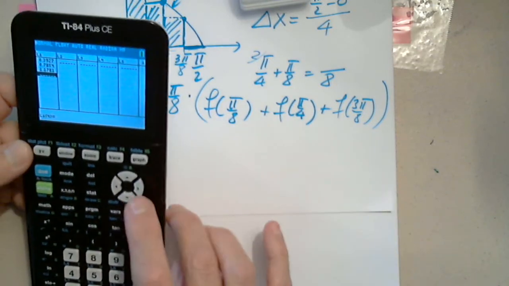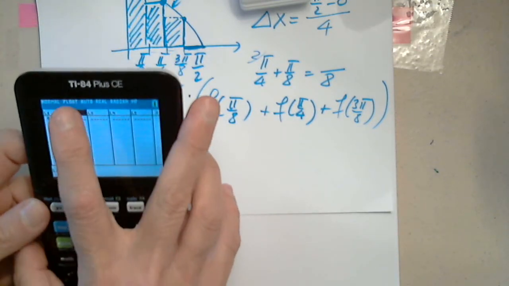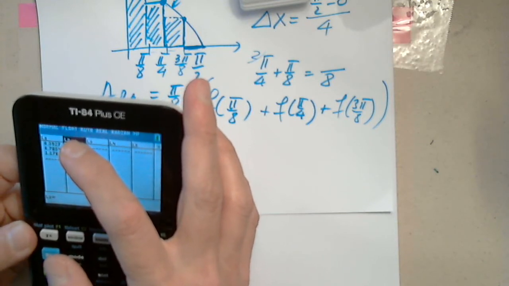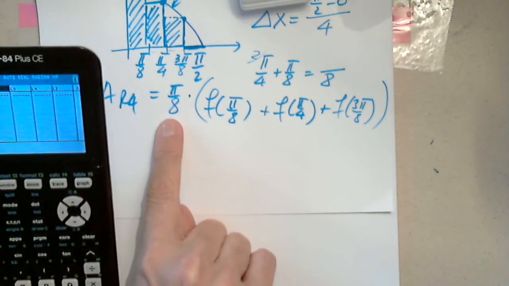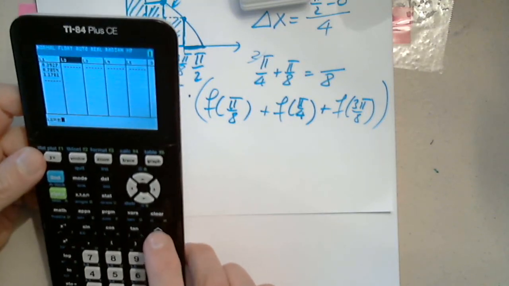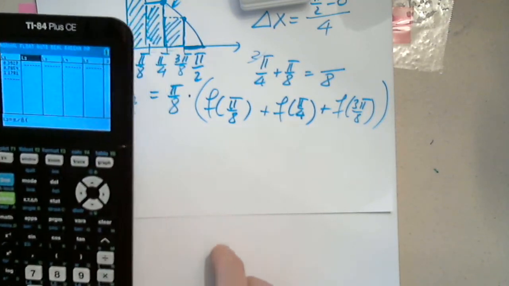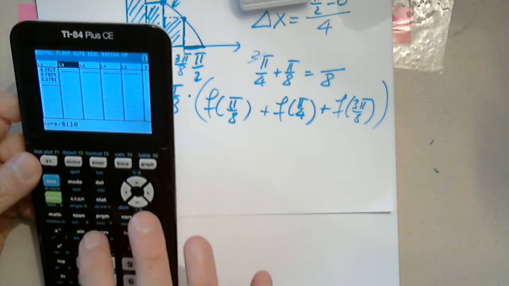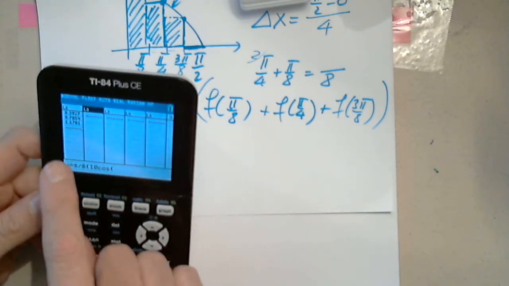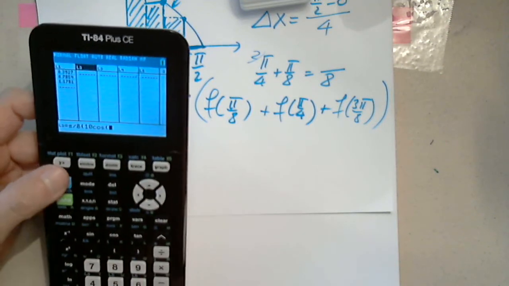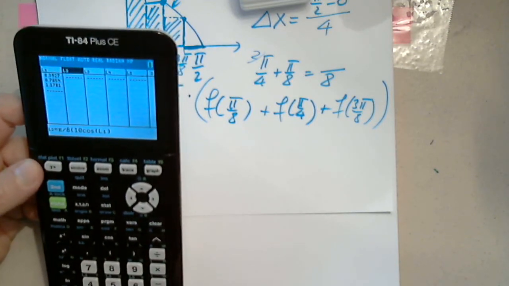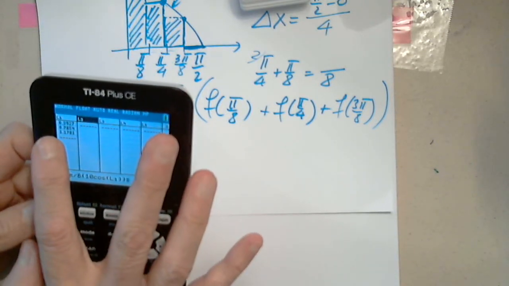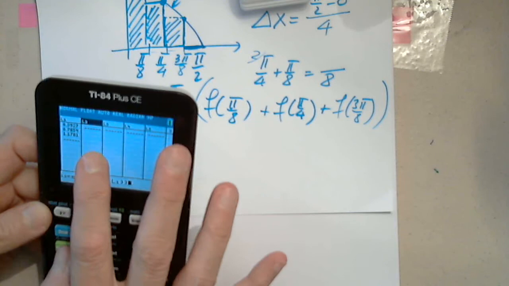In the second column, I highlight the top of the column, and I will enter pi over 8, and in parentheses, what is the function? 10 cosine of each entry that I have in the first column. So I'll put L1 and close another parenthesis. And now the calculator will give me each and every corresponding entry.